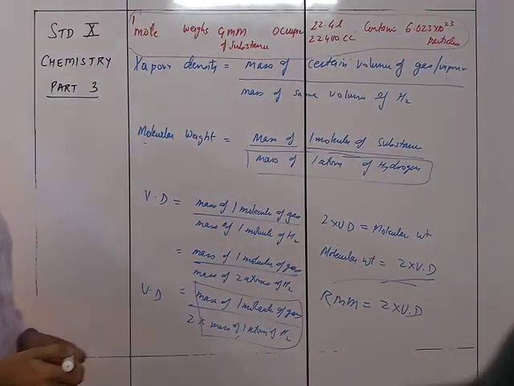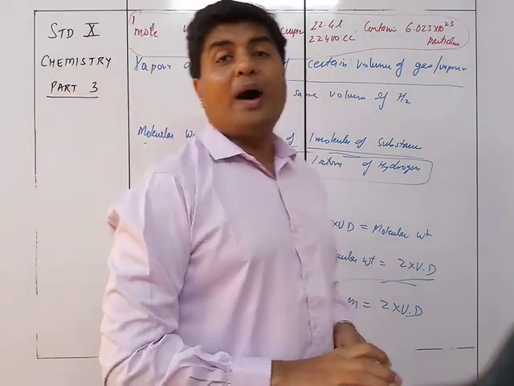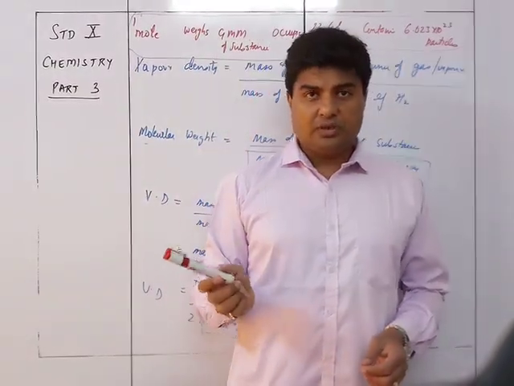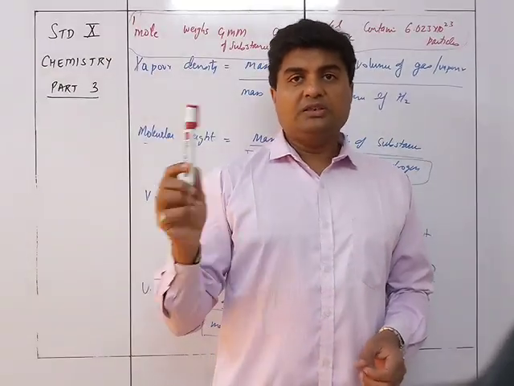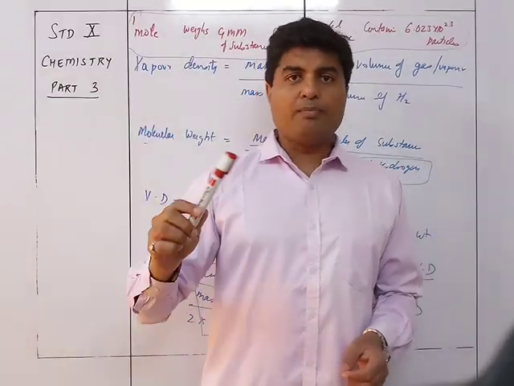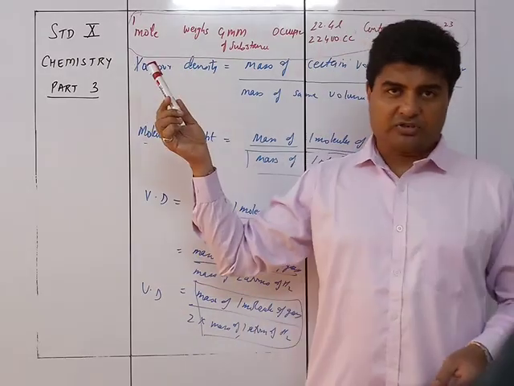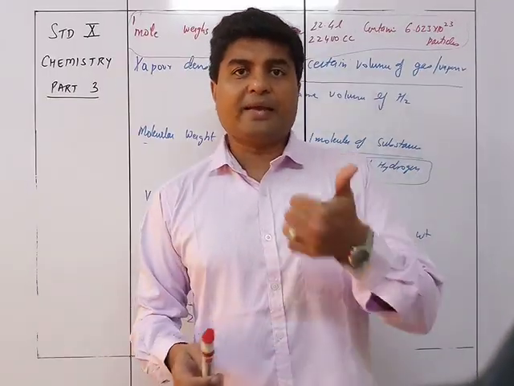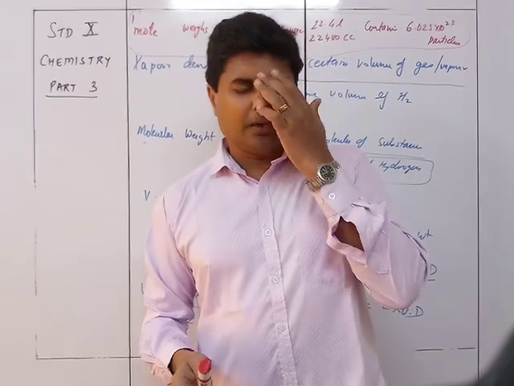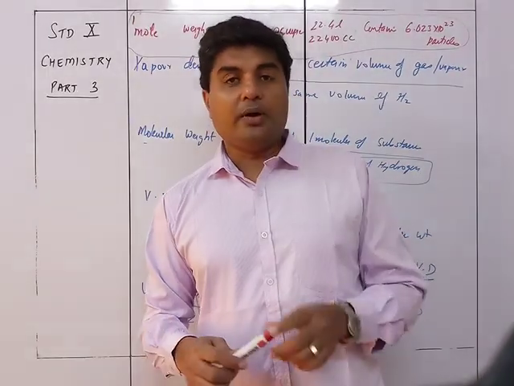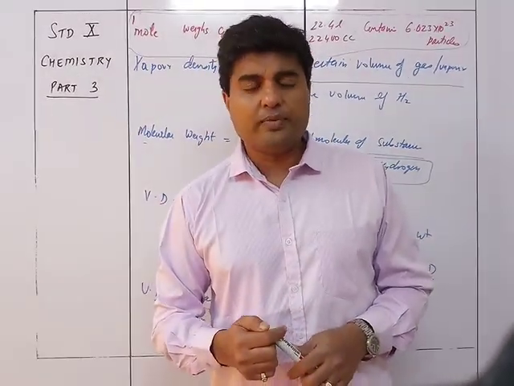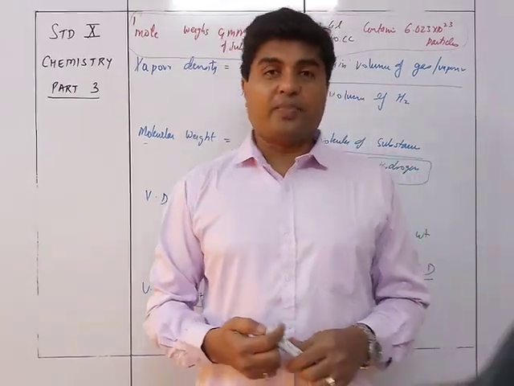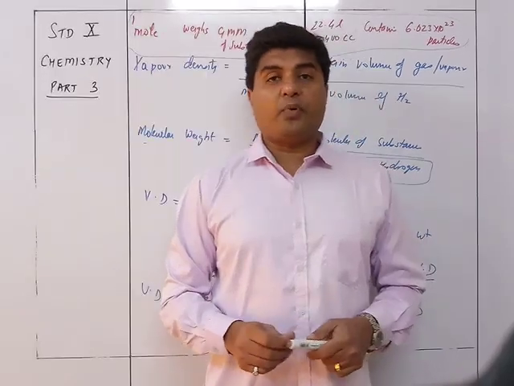1 mole, what is it? 1 mole weighs the GMM of the substance. 1 mole of oxygen, GMM of oxygen is 32, so 1 mole of oxygen weighs 32 grams. 1 mole of NaCl: Na is 23 and Cl is 35.5, so it is 58.5.